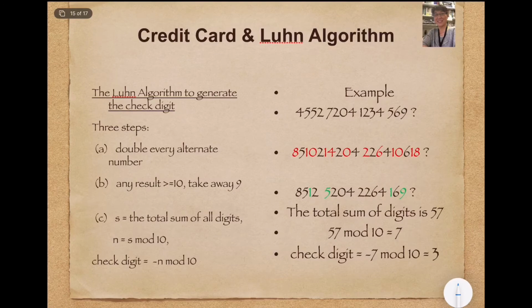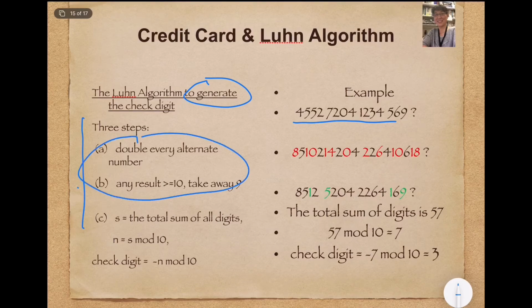Shall we go back to the example again, this time from a different angle? We look at the process of how to generate that check digit. Previously it was validation, now it is how to generate. So initially we don't know what the check digit is. Let's put a question mark there. It's still the same 3 steps, and the first 2 steps are exactly the same.